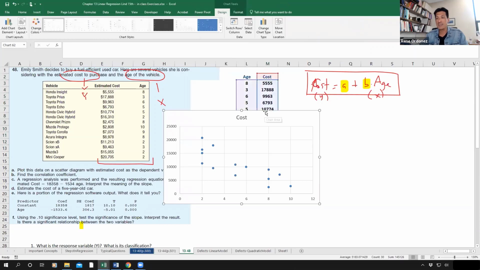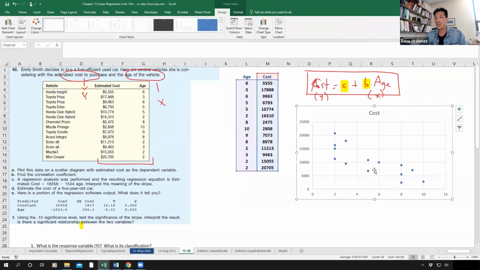All right, so here's the rough representation of the variables age and cost. Last time in exercise 13.40, I showed you how to make your graph more complete in terms of detail, where you identify the title of the graph as well as the Y and X axes.